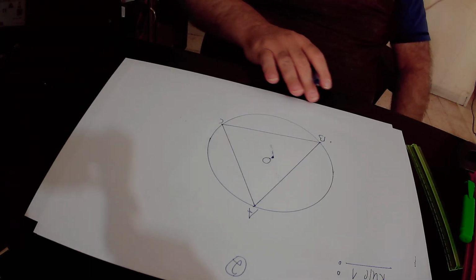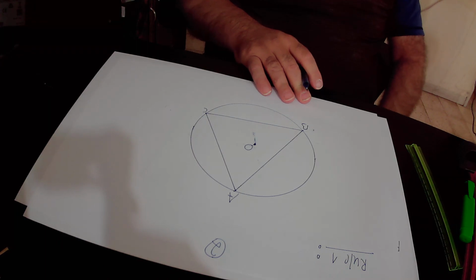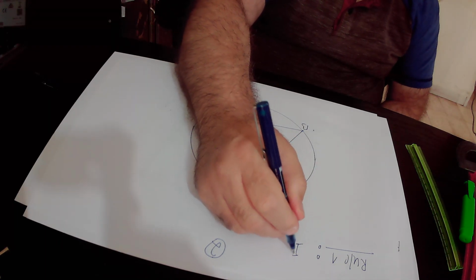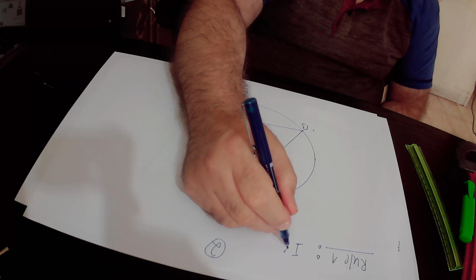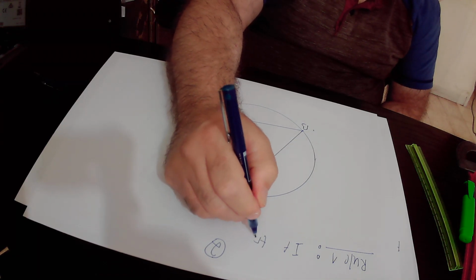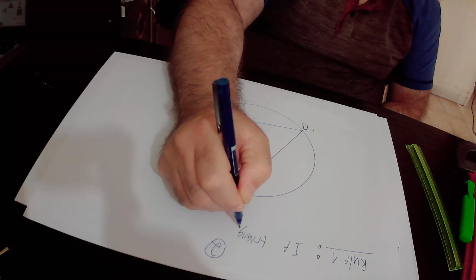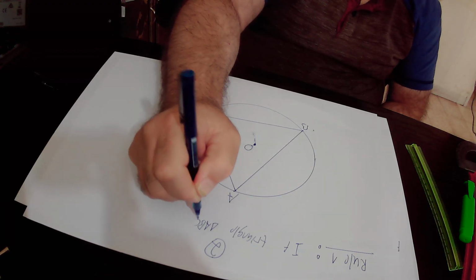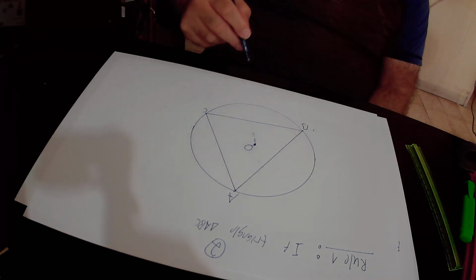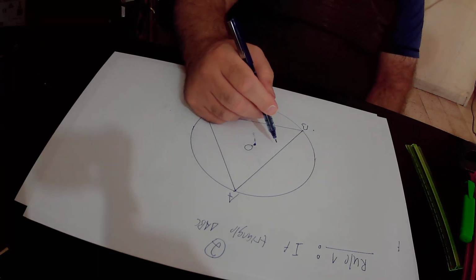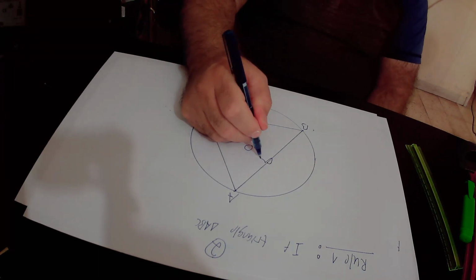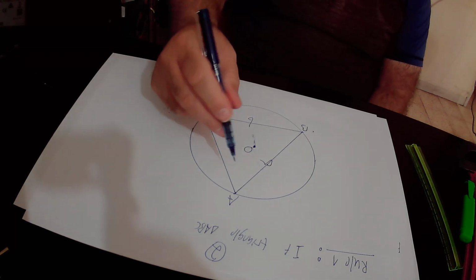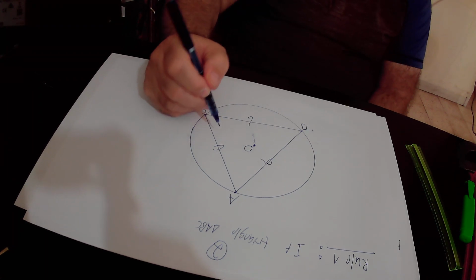So write the rule down. If triangle ABC, this is triangle ABC, we know that side AB equals A units in its length, the length of side BC is B units and side AC equals C units in its length.